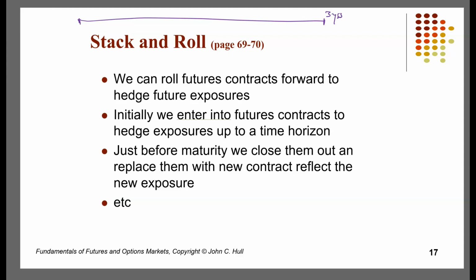Well, you might place a series of futures hedges, and so you would start with one that ends say here. If it's a short hedge that you're placing, you're going to start with the short here, and then to close out that short, you're going to take a long here, and at the same time that you're taking a long, you're taking another short that's going to expire somewhere here.